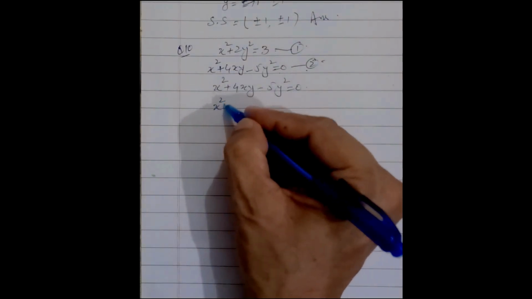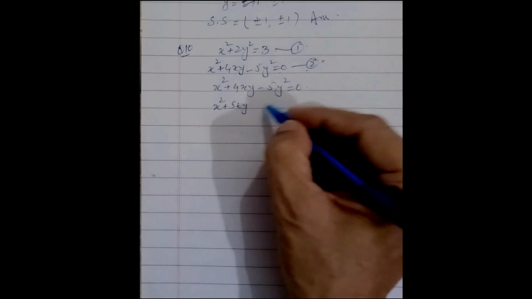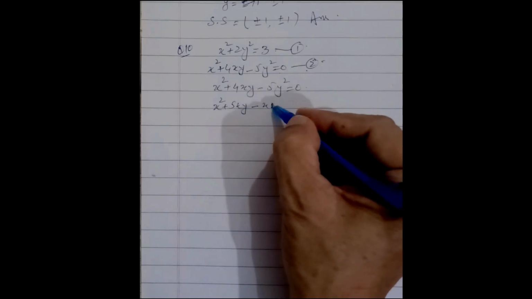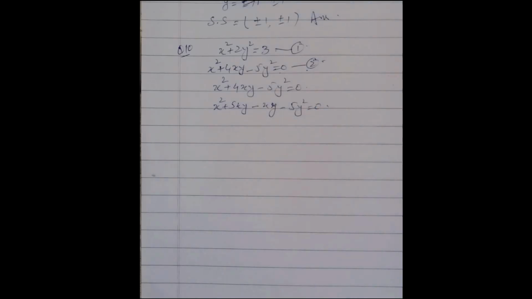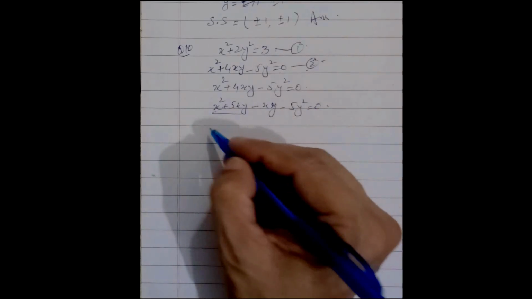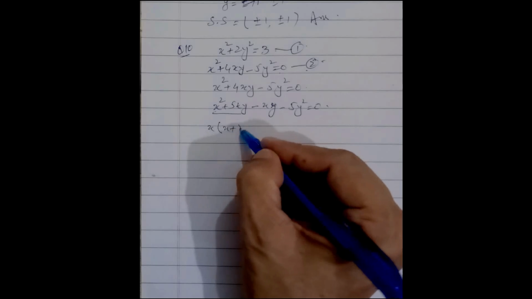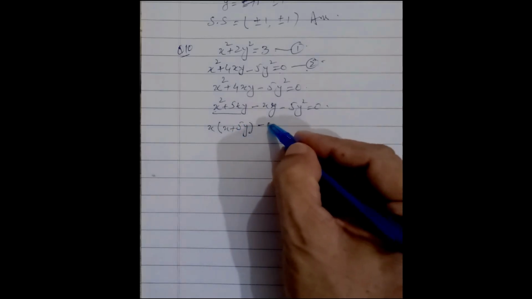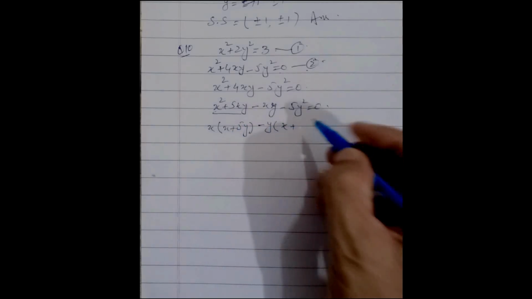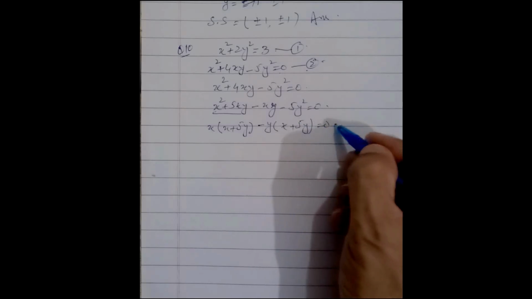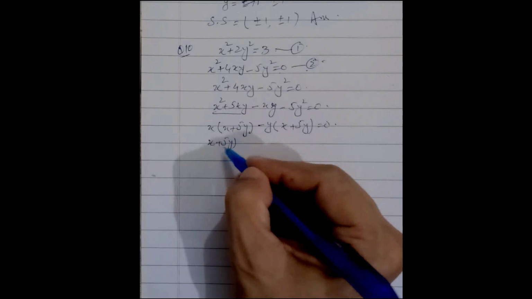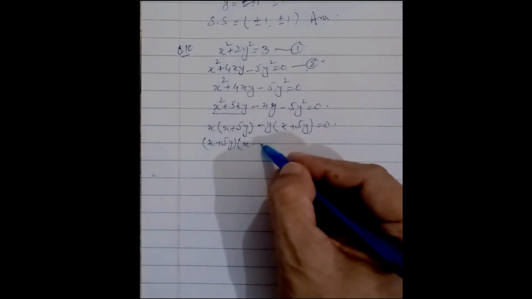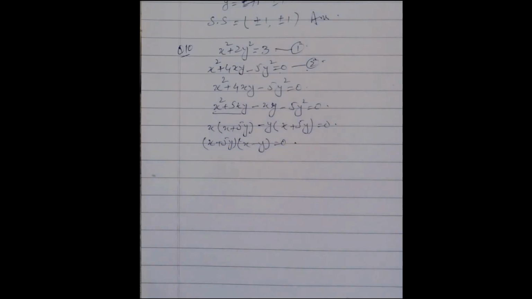We factorize this question, we get x² + 5xy − xy − 5y² = 0. Take common x, (x + 5y), take common −y, (x + 5y). In this way we get (x + 5y)(x − y) = 0.